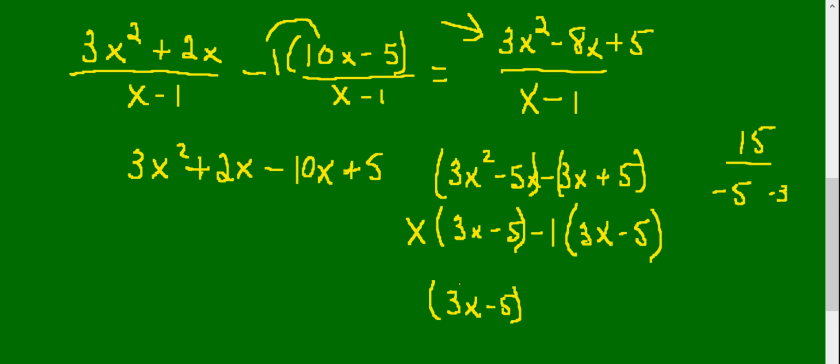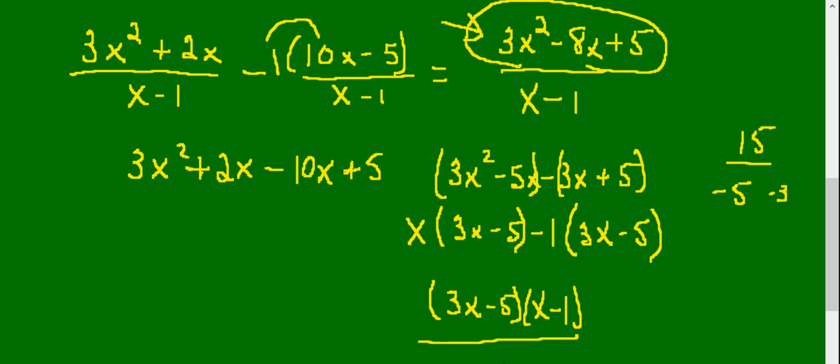And what's left over is the x minus 1, and that's what I was looking for. So now this is the trinomial up here factored over x minus 1. So it ends up that these cancel out, and I end up with just the 3x minus 5.